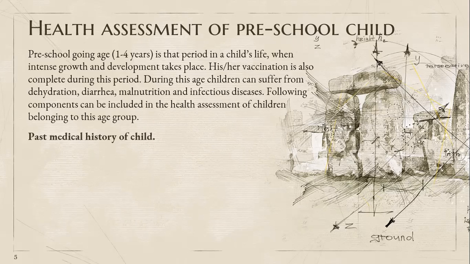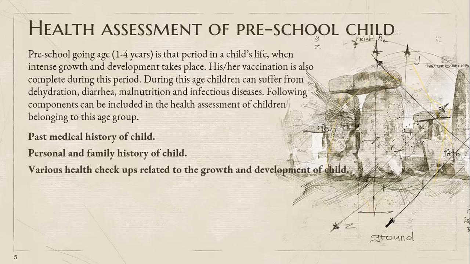Like past medical history of a child, then personal and family history of a child, then various health checkups related to the growth and development of child, immunization status of child, nutrition level of child and his eating habit, means dietary pattern.